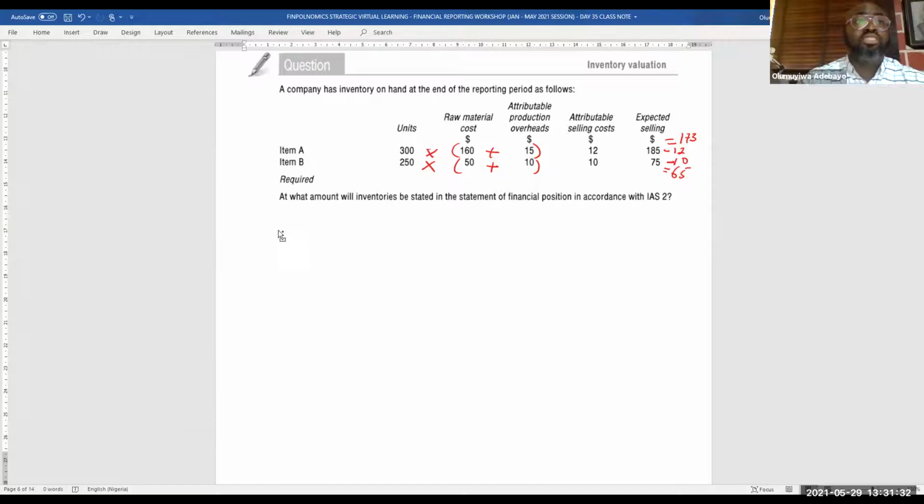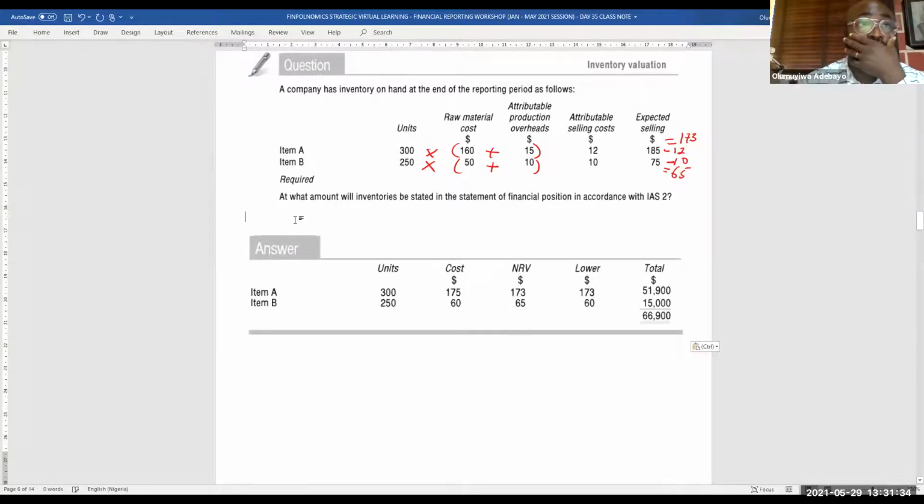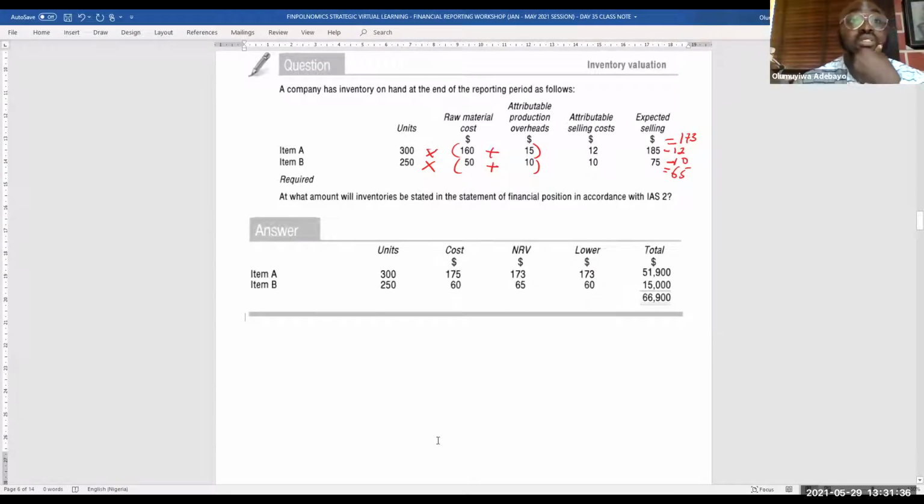Okay. Now let's compare what we have here. The cost here is 160 plus 15, which is 175, which is the cost price per unit.